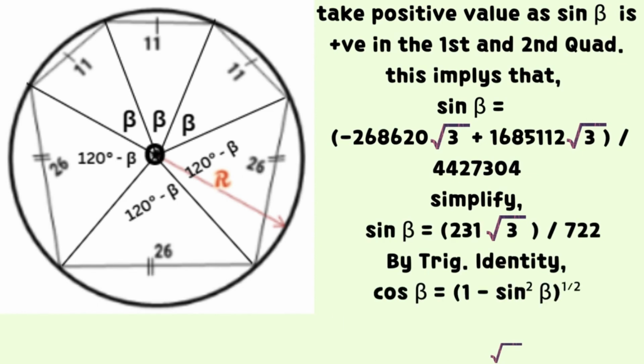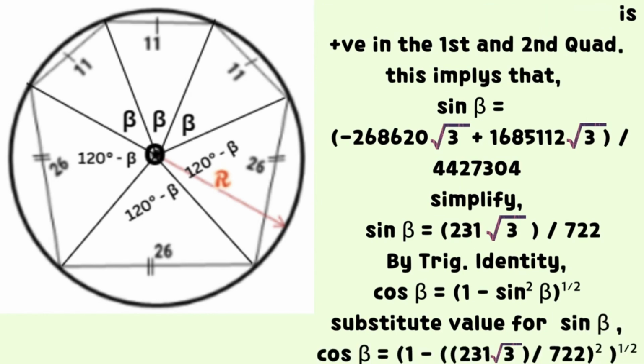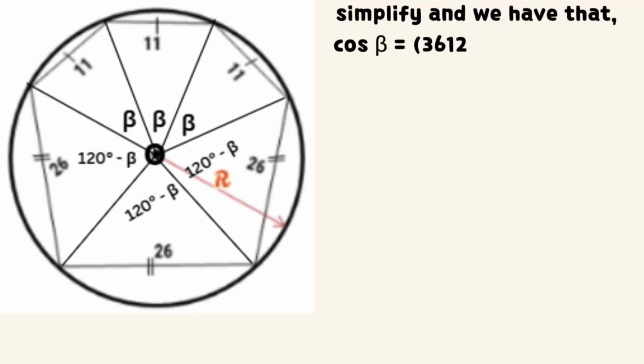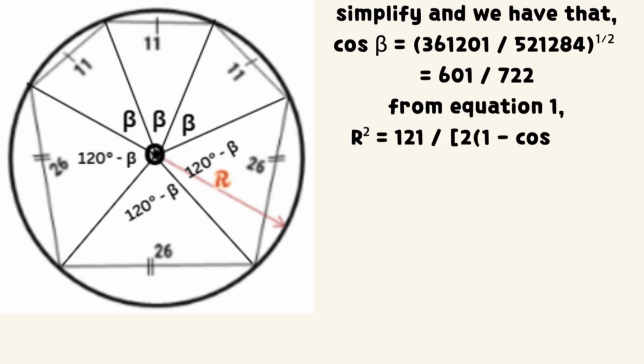Use a trigonometry identity to find the value of cosine beta since we have already obtained a value for sine beta. This value of cosine beta is shown on the screen. Simplify the value of cosine beta and we have 601 divided by 722.